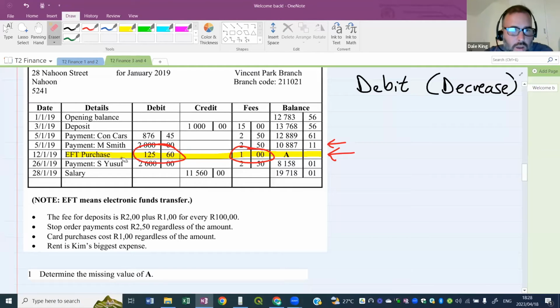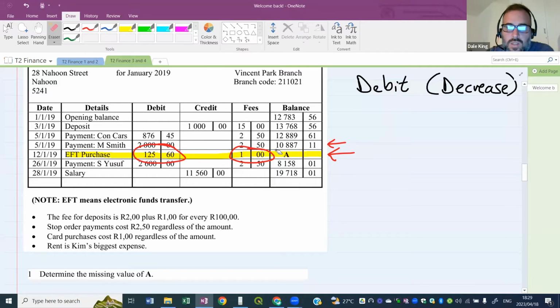Then this yellow row here is a new transaction, okay? At the end of this row, we have to show how the balance has changed after this transaction has happened. So this purchase of 125.60 and the fee for that, which is R1, how does that change the balance?